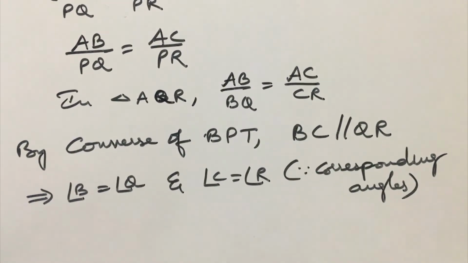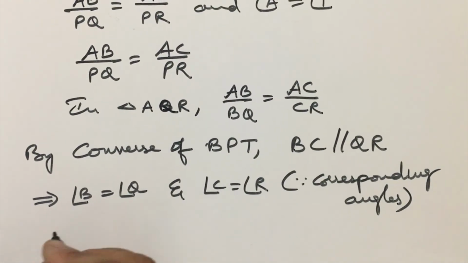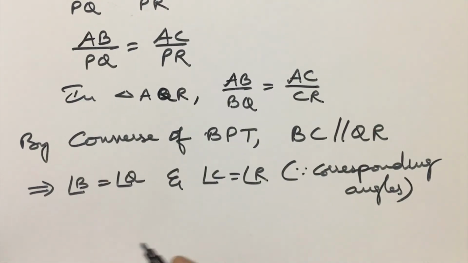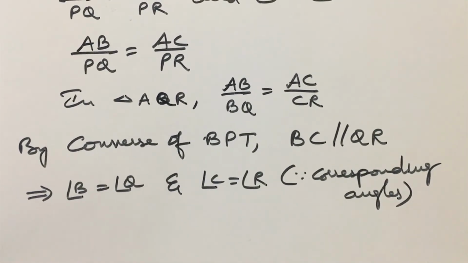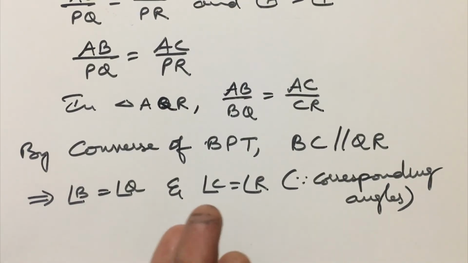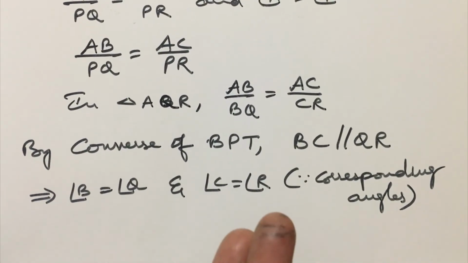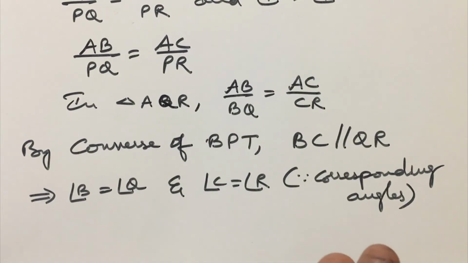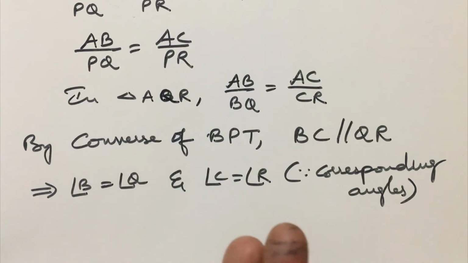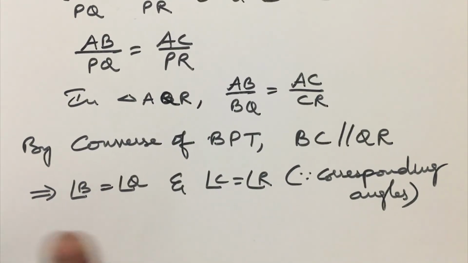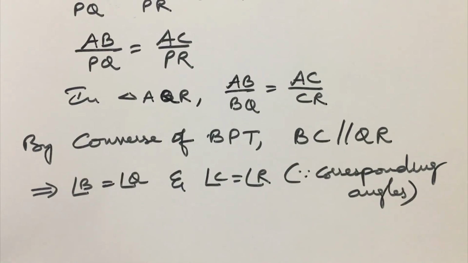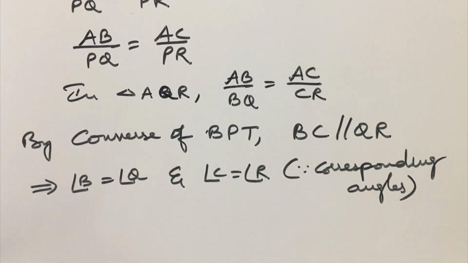So from this we can say, when two sides of one triangle are respectively proportional to the sides of the other triangle and the included angles are equal, then those two triangles are similar to each other. This criterion is known as the SAS similarity criterion of two triangles.